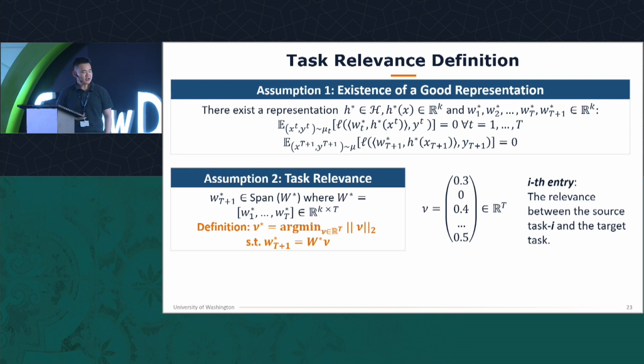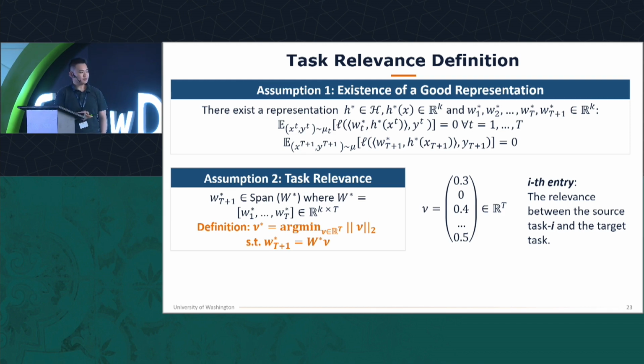So here we define the optimal interpolation in terms of the minimum norm of this interpolation coefficient. There are many coefficients that can interpolate W_{T+1} star, but we choose those coefficients with a minimum L2 norm. This will give you the uniqueness of those coefficients.